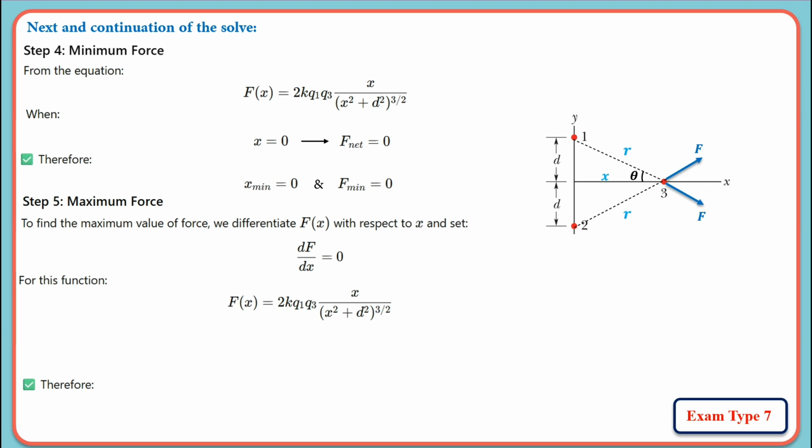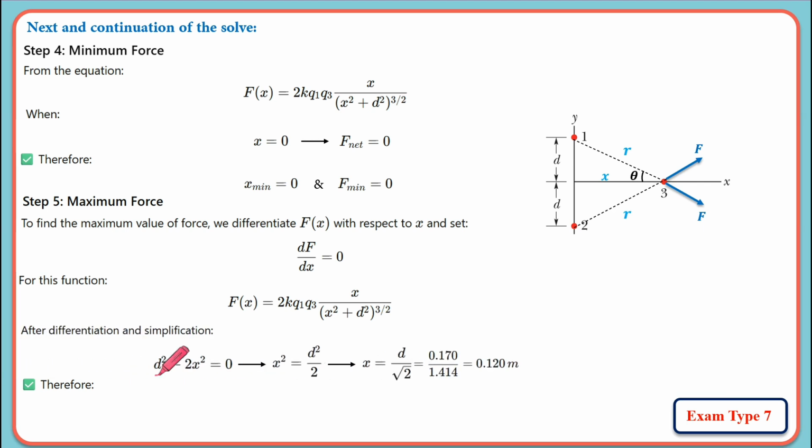After simplifying the derivative, we obtain d squared minus 2x squared equals 0. Now solve for x. 2x squared equals d squared. So x squared equals d squared over 2. Taking the square root gives x equals d over root 2. Now substitute d equals 0.170 meters.